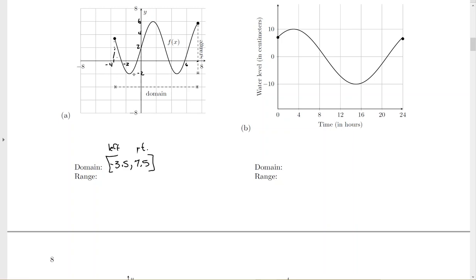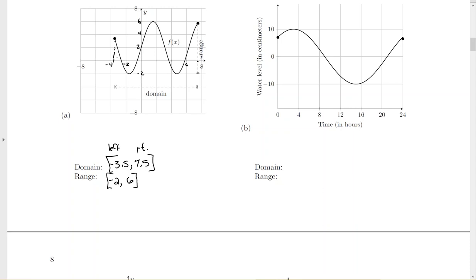So the lowest y value is right here at -2. And then going up, the highest y value is here at y = 6. And again, solid dots, there's no open dots here, so both are going to have the brackets on them.